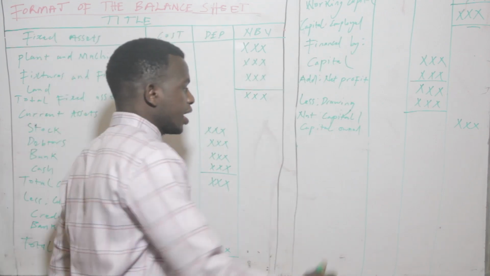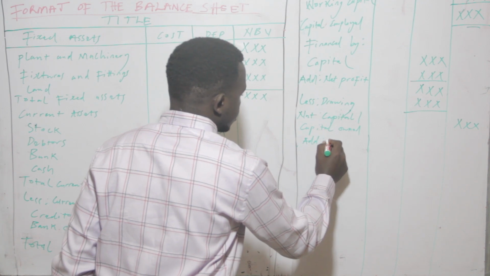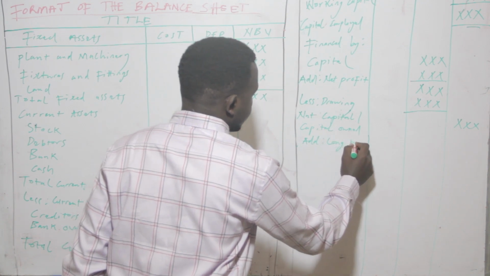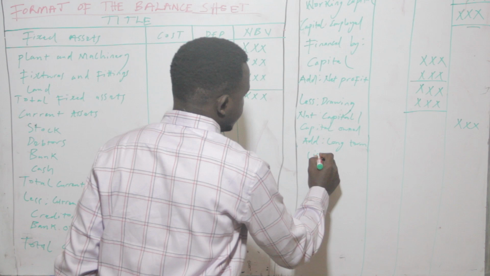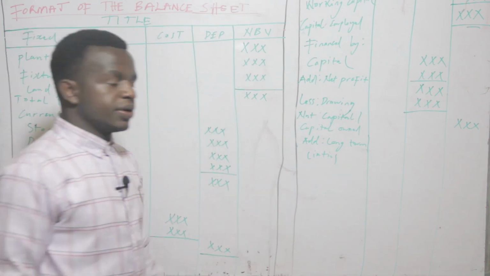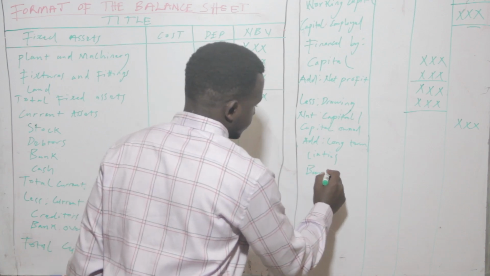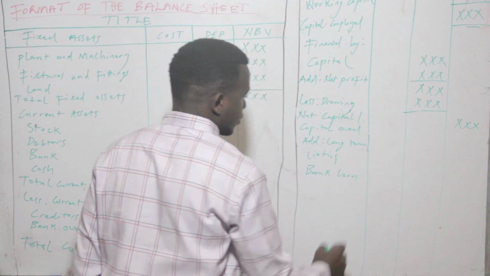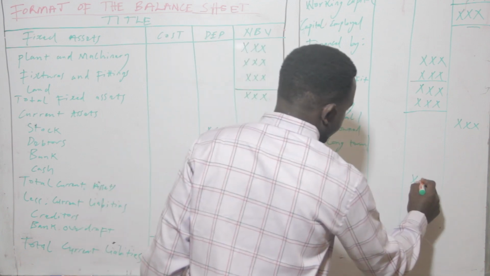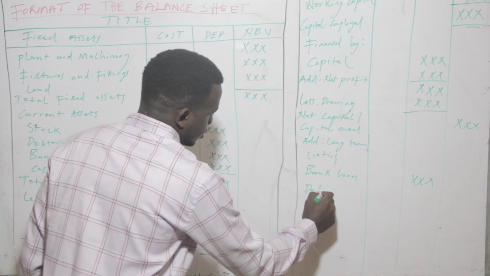Then we can say add long-term liabilities, and these long-term liabilities we can have bank loan. So bank loan here. Then you can also have debenture.